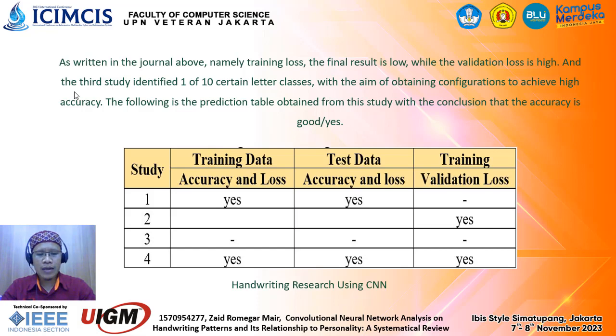The second literature only has the training validation loss, and the other literature has training data, testing data, and training validation loss, testing training accuracy and loss also. This completes each table in the analysis using CNN.